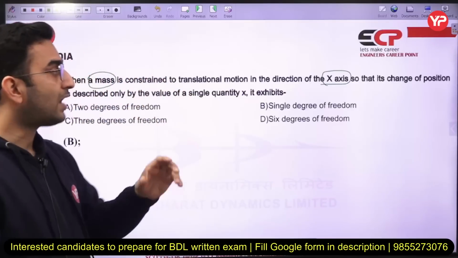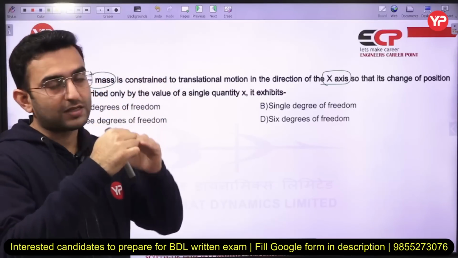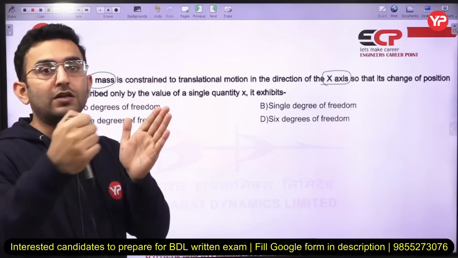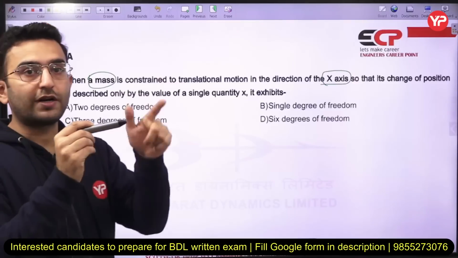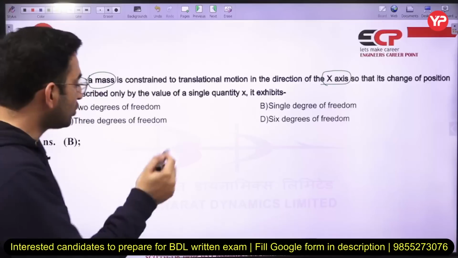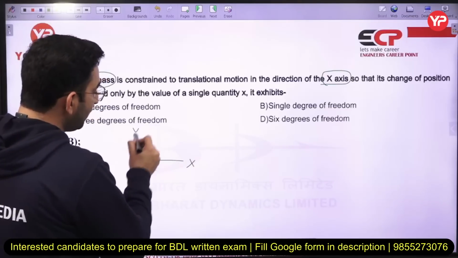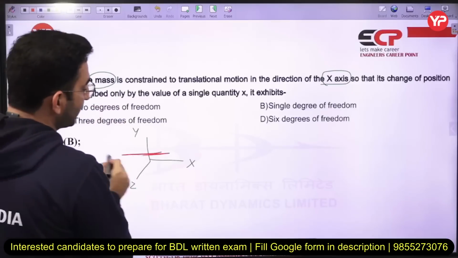That means the mass is not able to rotate about any axis, the mass is not able to translate in the vertical axis, okay, and nor is it allowed to translate in the z direction here. So we can say it can only move along the horizontal direction here, along the x direction here. So if you define the simple axis here, x, y, z, so here you can see the body is allowed to move only along the x direction here.